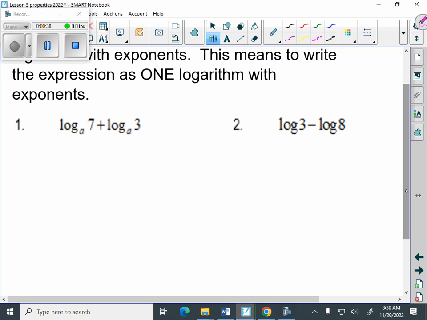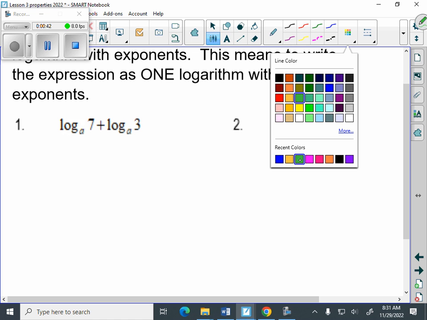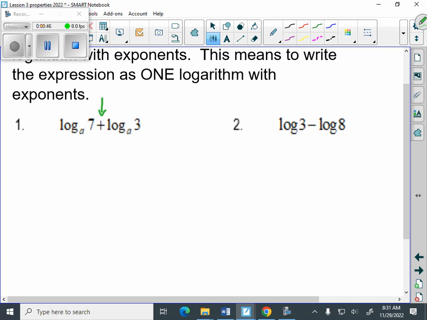So what we need to notice when we look at this first problem is the plus sign, because the plus sign tells us, as you look back up to your properties, that we're going to be using the product property.